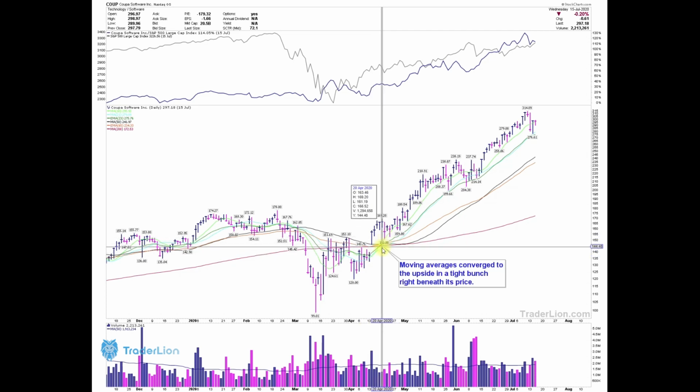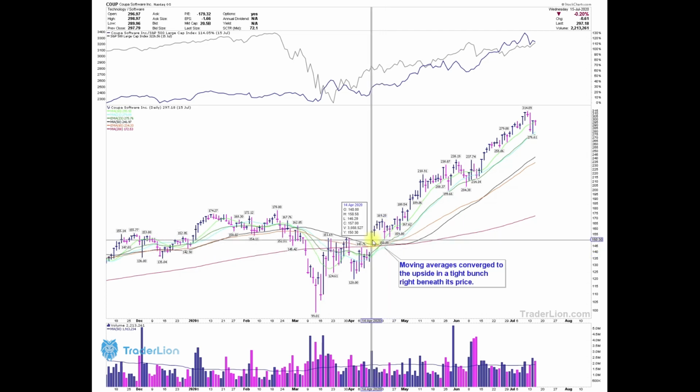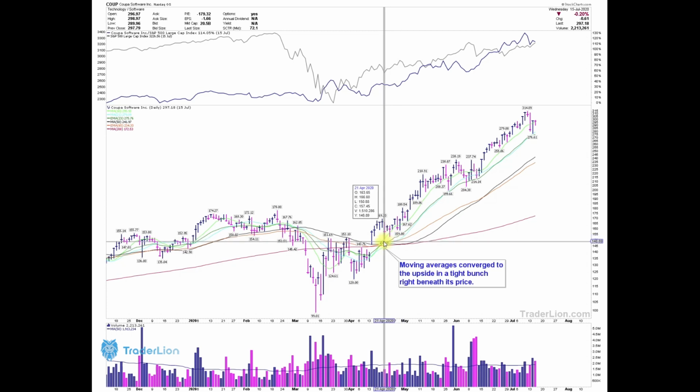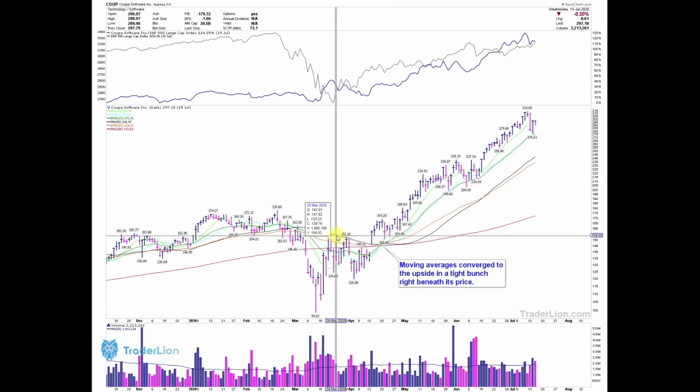And here we go, moving averages converged into a tight bunch right here, right beneath its price as we begin to expand. And sure enough, this is a constructive pullback to what was, we've flipped, you could call this a pivot area or resistance, whether you buy through here or not.